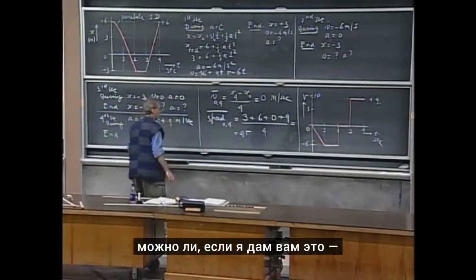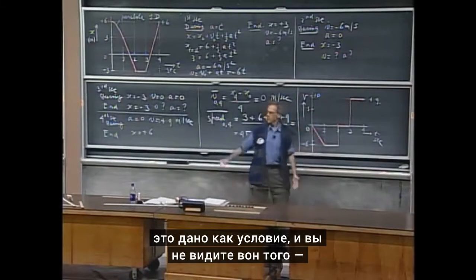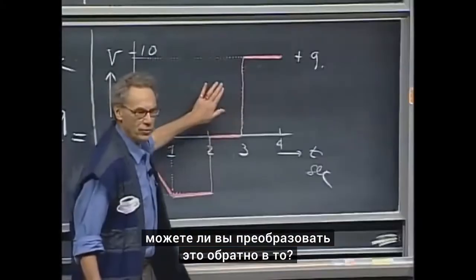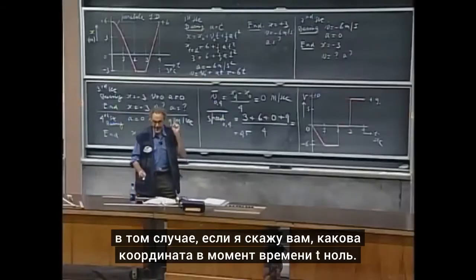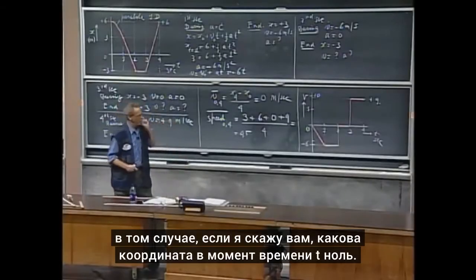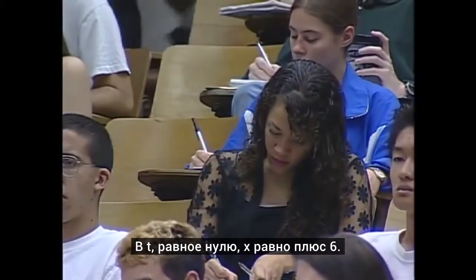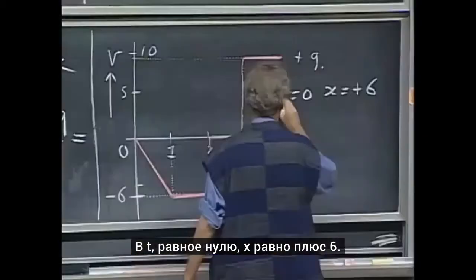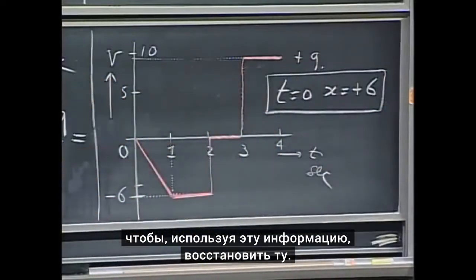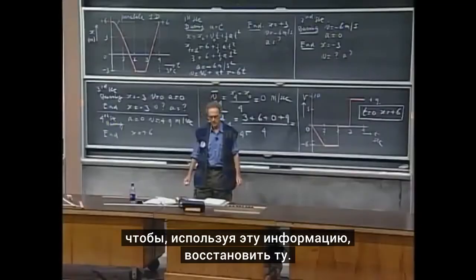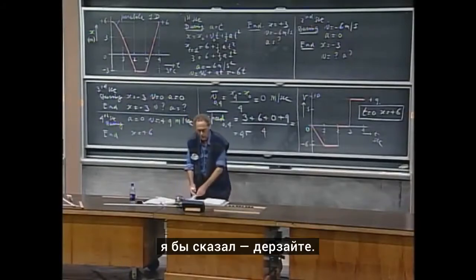Is it possible, if I gave you this, so this is a given, you can't see that, could you convert this back to that? And the answer is yes, provided that I tell you what the position is at t equals 0, x equals plus 6, and that is sufficient for you to use this information and to reconstruct that. It's an interesting thing to do, and if you feel like it, I would say give it a shot.